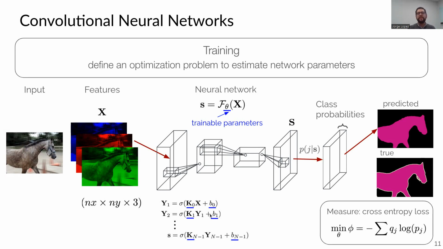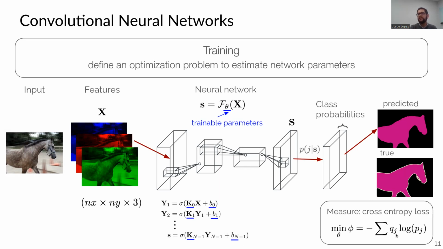So all the parameters are estimated using gradient descent, and similar to what we have in geophysics, we need to define an objective function or a loss function, in this case, to compare each of the pixels and tell the network, okay, you're not making the right classification for this pixel. We use this cross entropy loss.